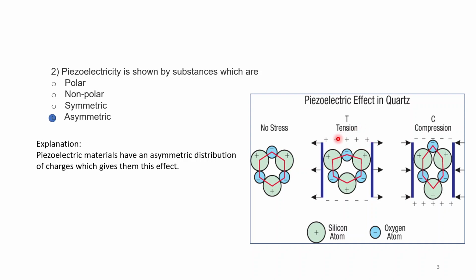So this side becomes positive, and in this side you have only one positive and two negative. So this side has negative ions. So this will be reversed in case of compression.